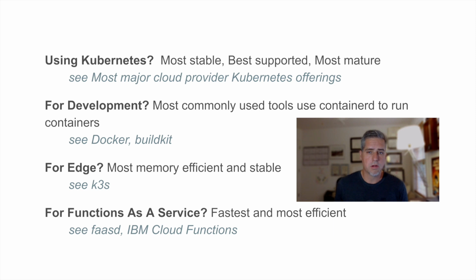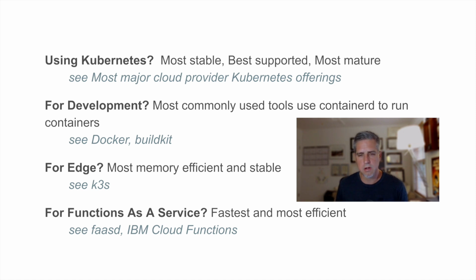For example, are you using Kubernetes? Containerd is a stable, well-supported, very mature runtime for Kubernetes. And as you'll see in a few minutes, most major cloud providers have a Kubernetes offering that uses Containerd today. What about for development? Both Docker and BuildKit, which would be our recommended tools for a developer-facing workflow, are using Containerd already today.